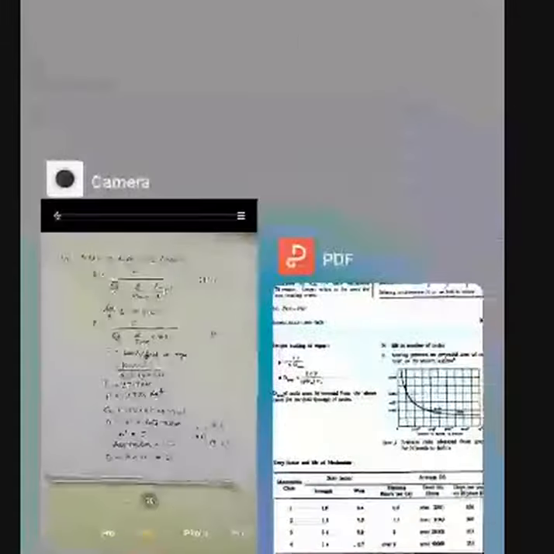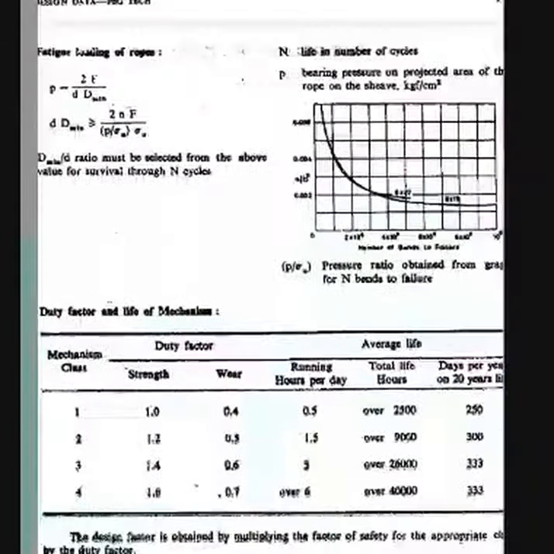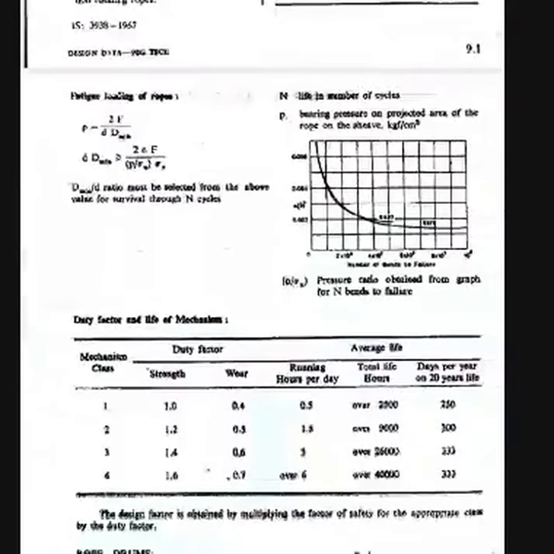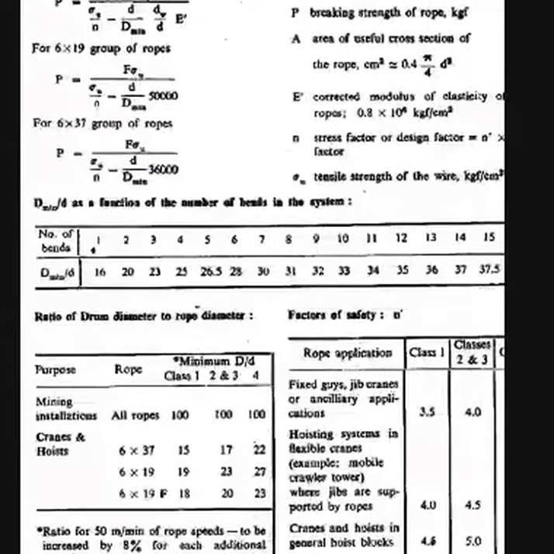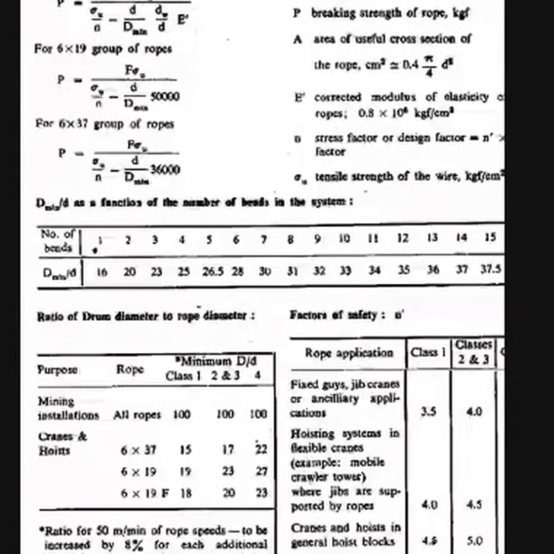Again, if you see on PSG 9.1, see this table, the ratio of D min by D is given to you. It depends upon the number of bends.